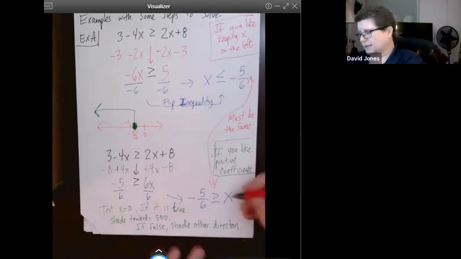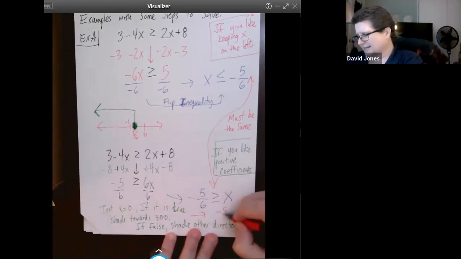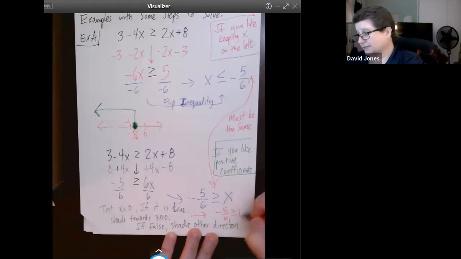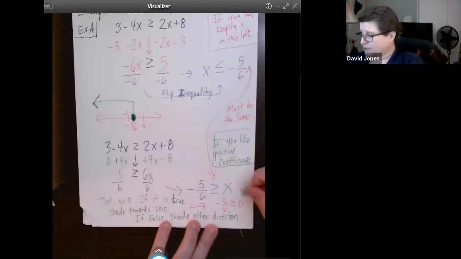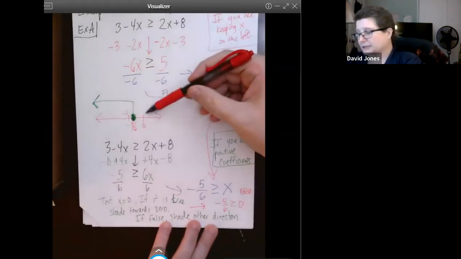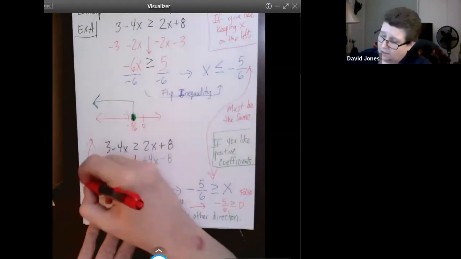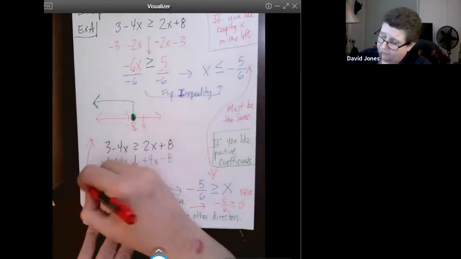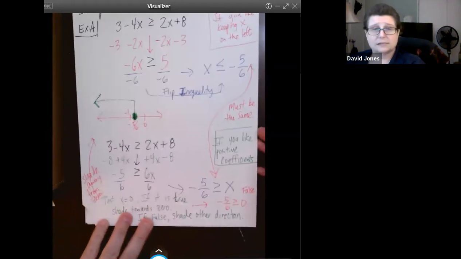So I'm going to test that. Is negative 5/6 greater than or equal to 0? No, it's false. So I'm going to shade away from 0. Shade away from 0. Because it's false.